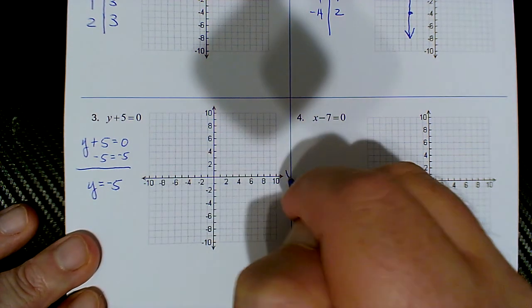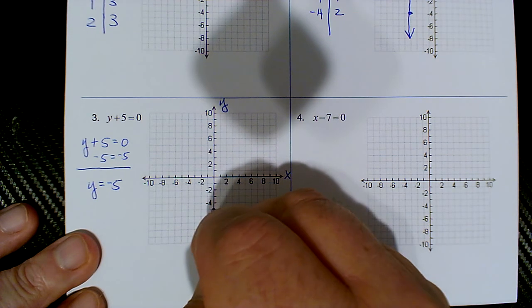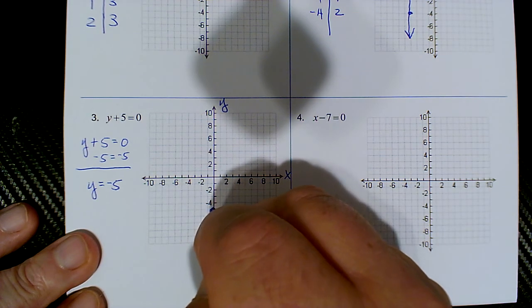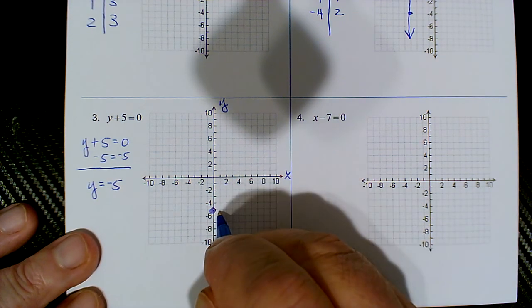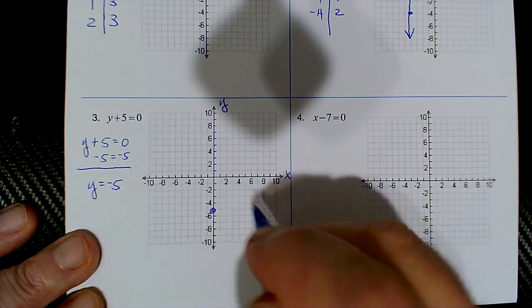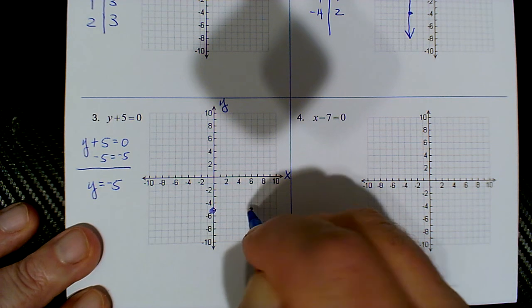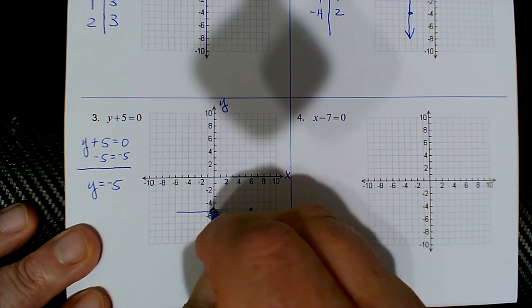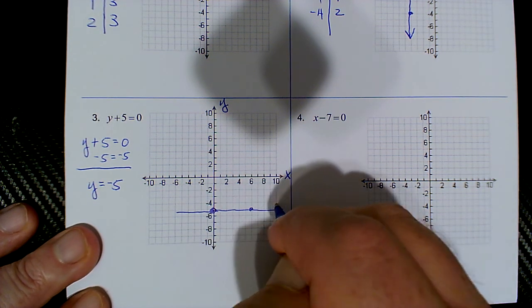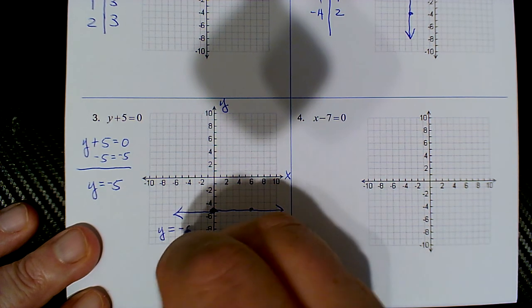Okay, I'll label my axes. I'll go to where y is negative 5, that's right here. And then another point, I need one more point, and that point, y must be negative 5. So let's just say somewhere over here, but it could be anywhere along that horizontal line. Create the table if you want.